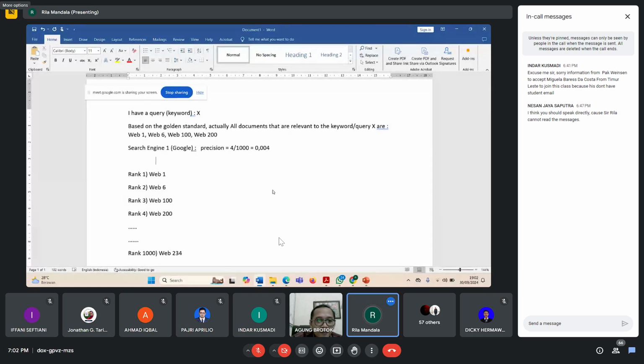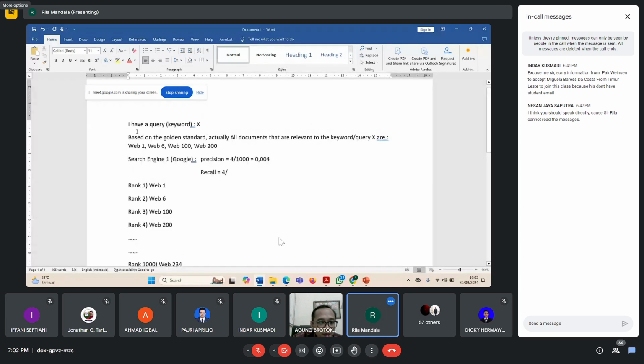How about the recall? Recall is still true positive. 4 divided by the actual relevant. How many is the actual relevant? 4.